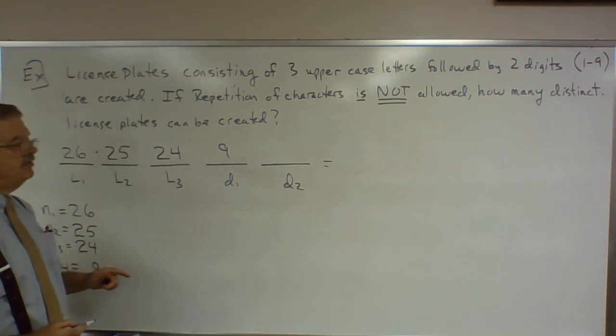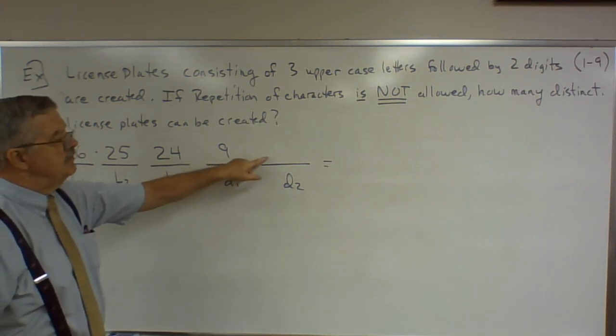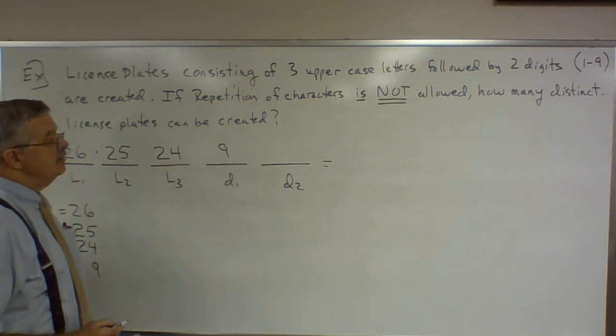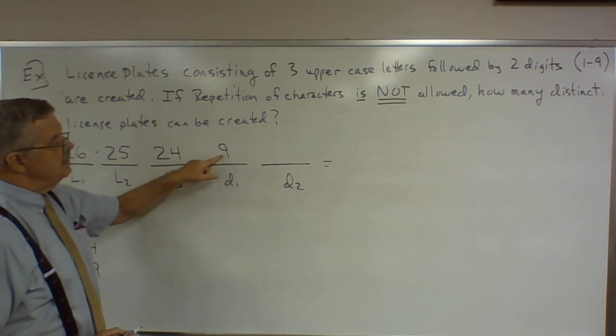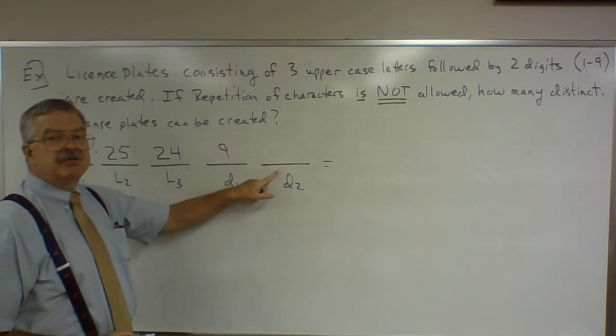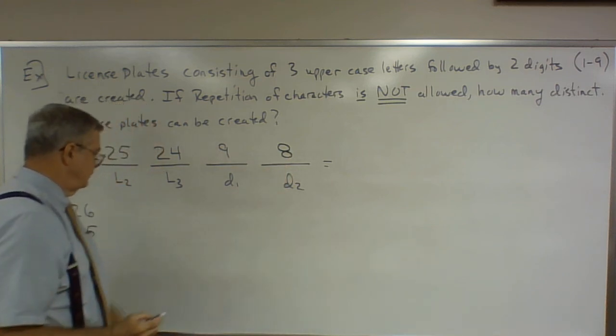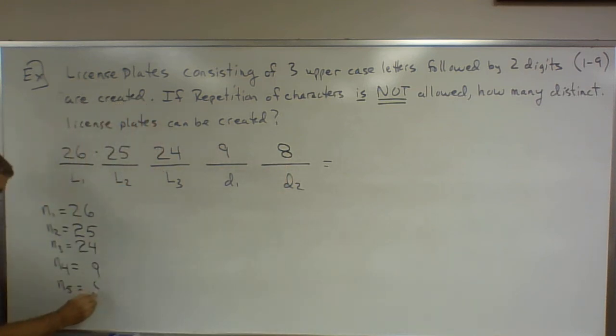Since repetition is not allowed, whatever digit we used here can't be selected for this spot. So we've used one of the digits for this spot. We only have 8 digits remaining to be used for this spot. So the number of outcomes associated with the 5th stage of the experiment is 8.